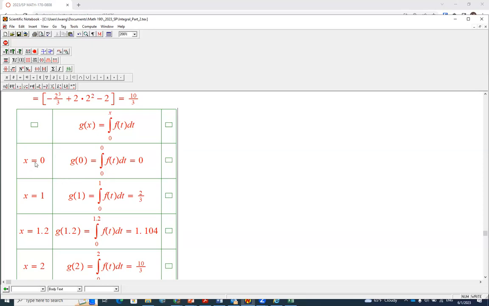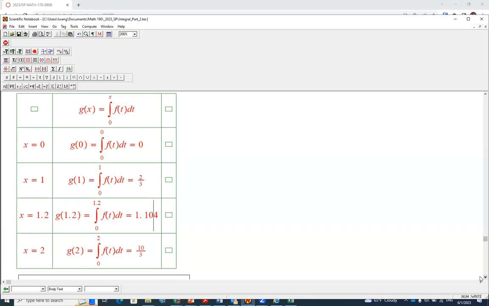For each input, the input would derive an area from 0 to x underneath the f curve, and each input gives exactly one output. So that's the g function, the area underneath the curve for f.